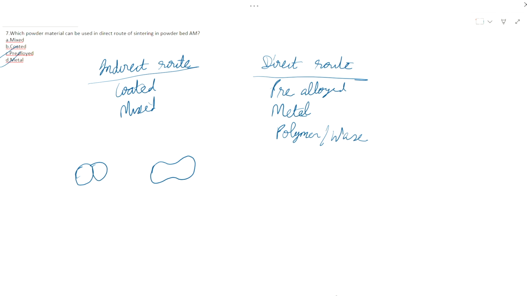When we have limited liquid formation, the particles will merge with each other, but a balling defect will be formed. This occurs due to low laser power, limited liquid formation with no sintering necks, and leads to discontinuous track deposition. Fine. Now we'll move on to the next question.